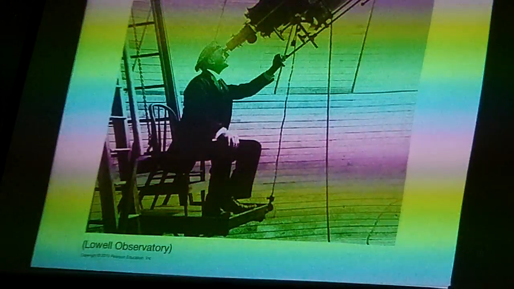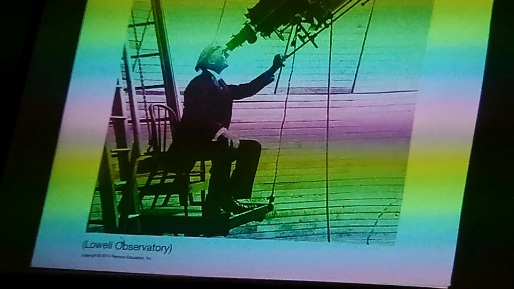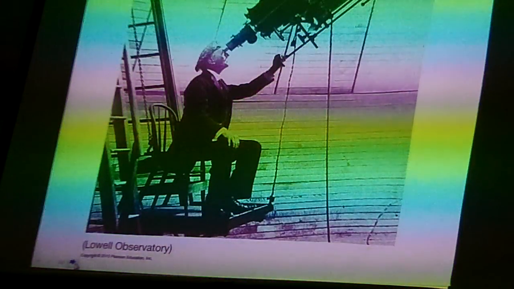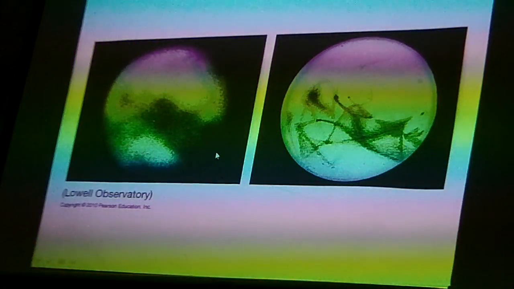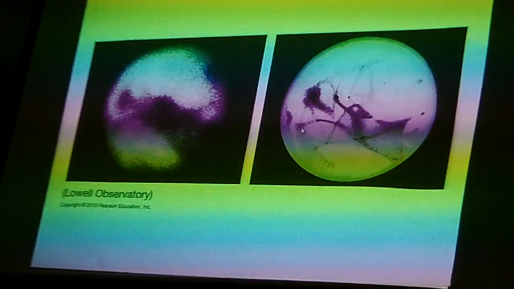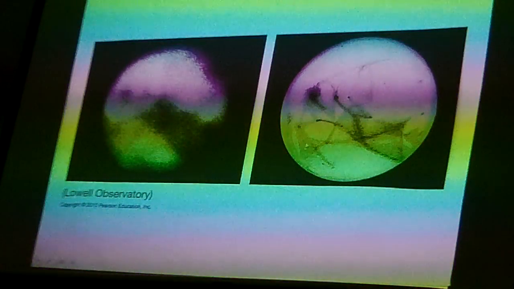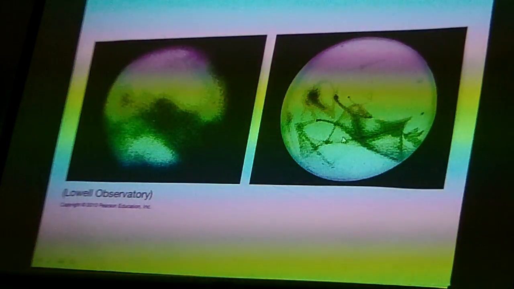Percival Lowell, he did a lot of good astronomy work, but he's also kind of known for his mistakes. And one of the mistakes he made was he looked at Mars and he thought he saw little lines on Mars, and these were drawings that he made, but you can't. He just kind of imagined them.